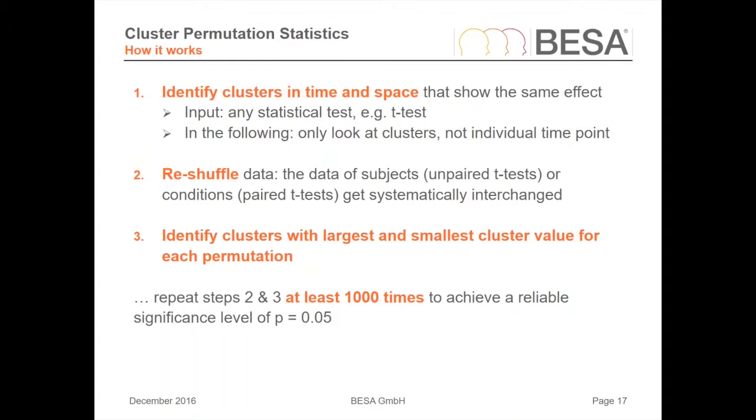So data of subjects or conditions, depending on whether we have unpaired or paired tests, get systematically interchanged. And in these reshuffled data, we identify the clusters with the largest and the smallest values for each permutation. And these steps are repeated at least 1,000 times in order to achieve a reliable significance level of p equals 0.05.